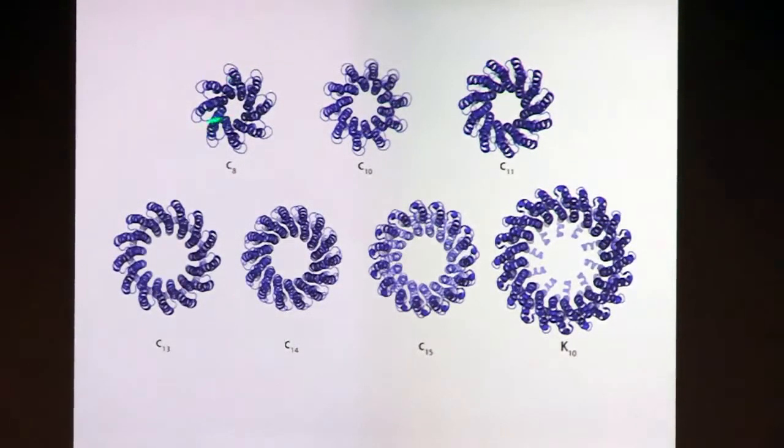Now, this shows you the differences between these various rings. So this is the C8 ring from the bovine or human structure, C10 from yeast. C9 has still not been found, and then there's C11 from a bacterium and C13 from another one, C14 from spinach, C15 from Synechococcus.